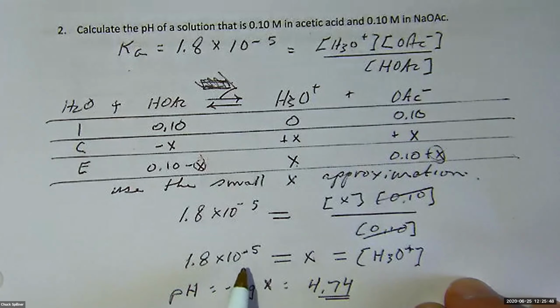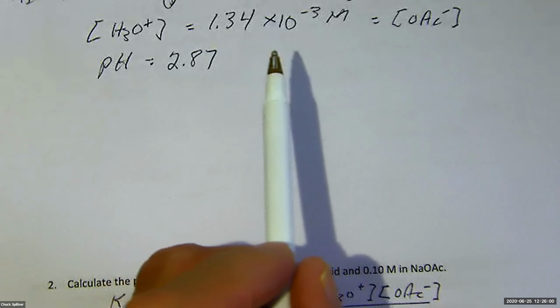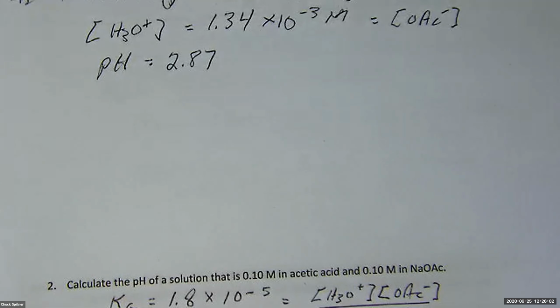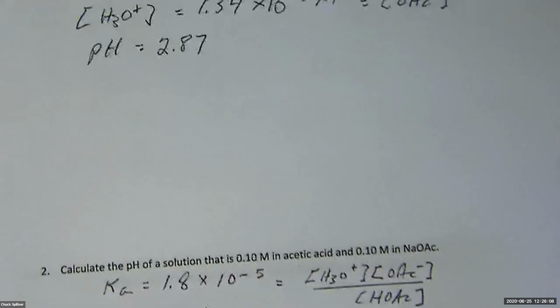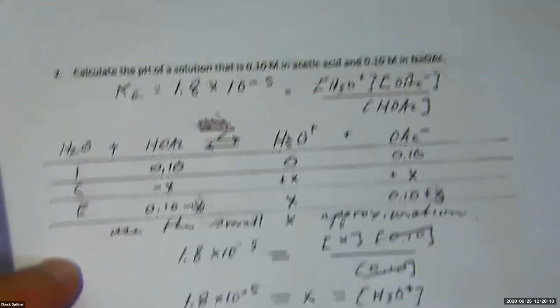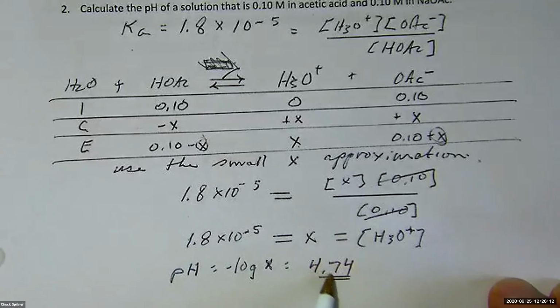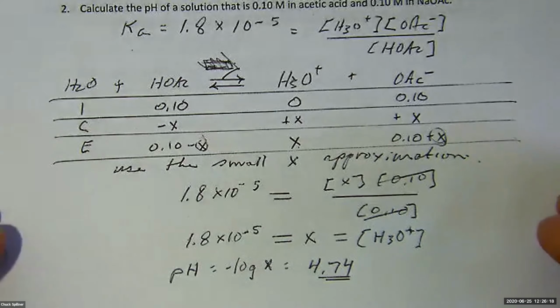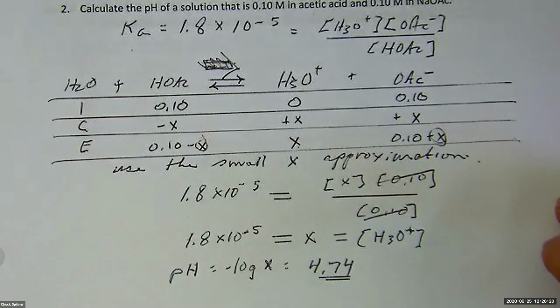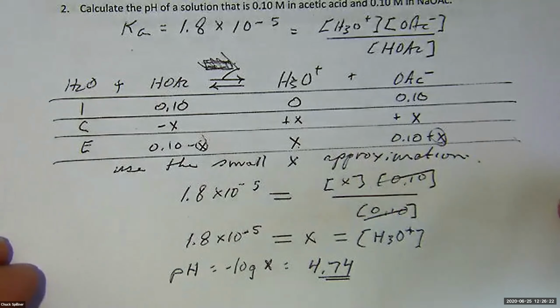In the solution without added acetate, we have 1.34 times 10 to the negative 3. So that's a lot more hydronium ion concentration. Reflected in the pH, this pH is 2.87 without acetate ion. This pH is 4.74 with acetate ion. So less hydronium ion is produced, which is what we would predict from what we know about chemical equilibrium.